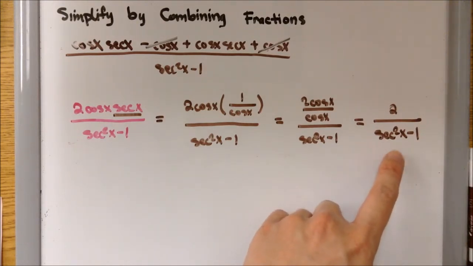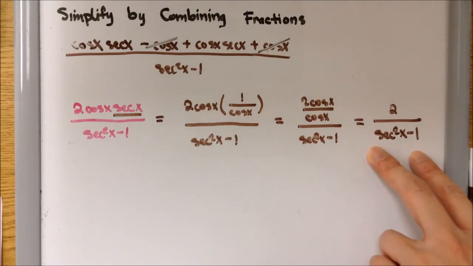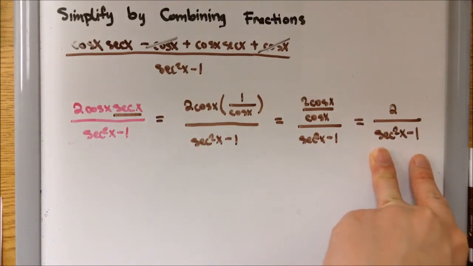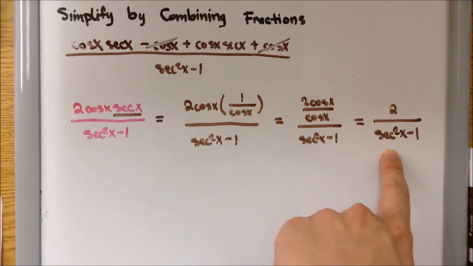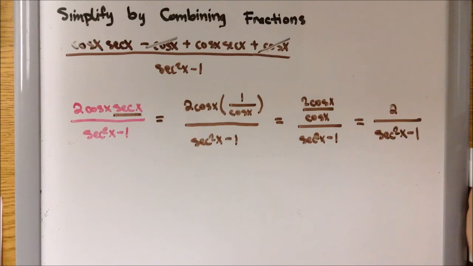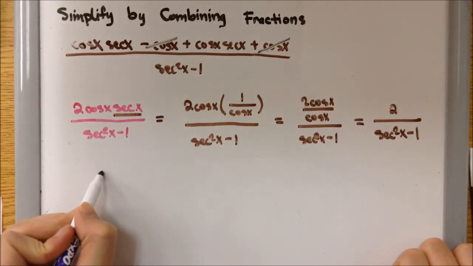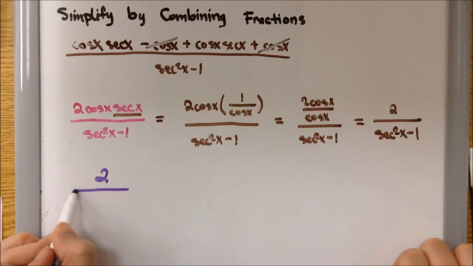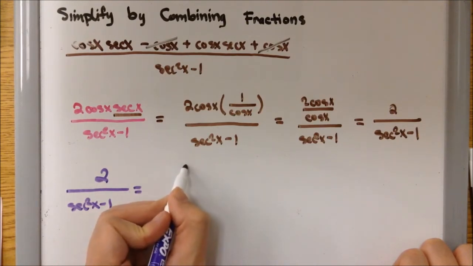Now here, secant square x minus 1, we can't really use an identity to simplify this, but we can convert it into sine and cosine, which we will do. So I'm going to write right here: secant square x minus 1 equals, we still have the 2 on the numerator.